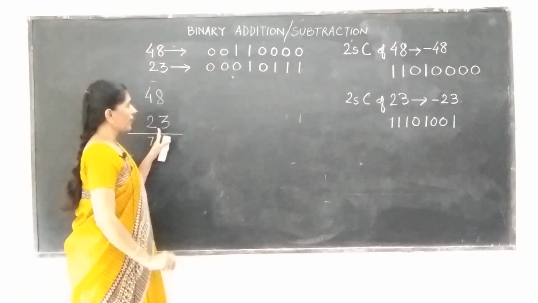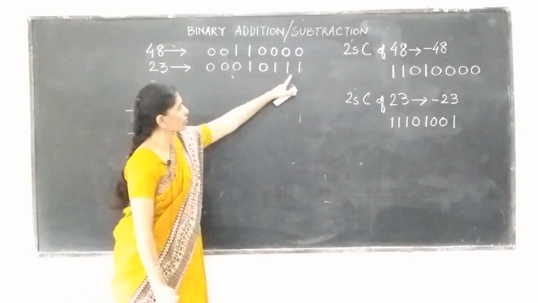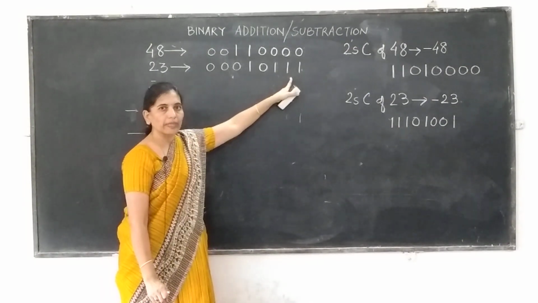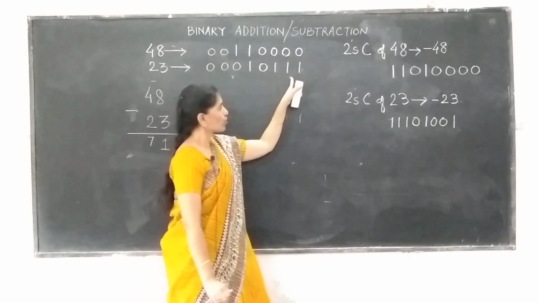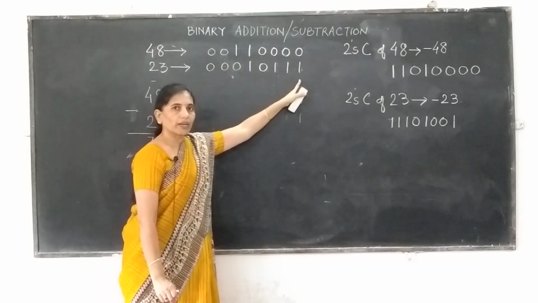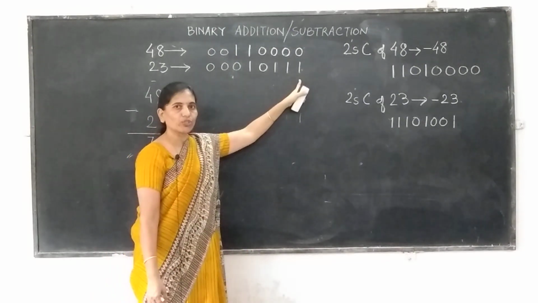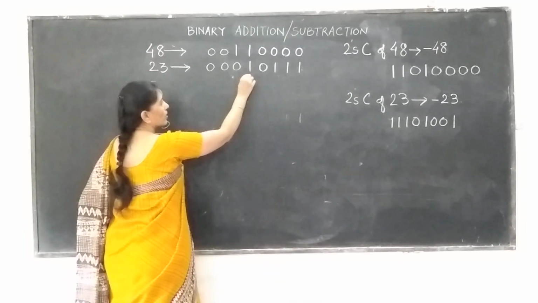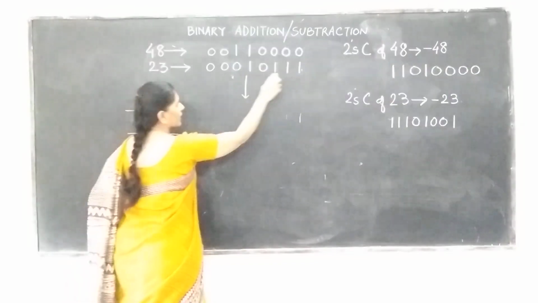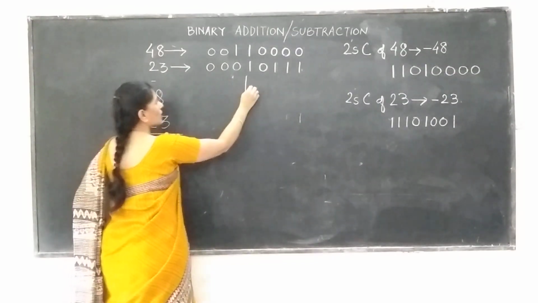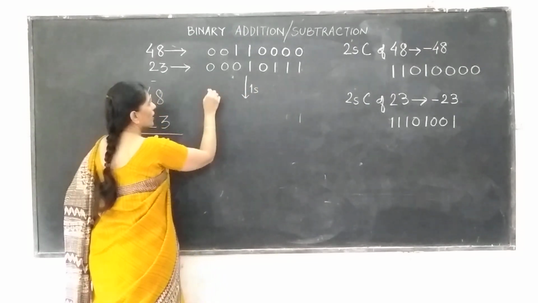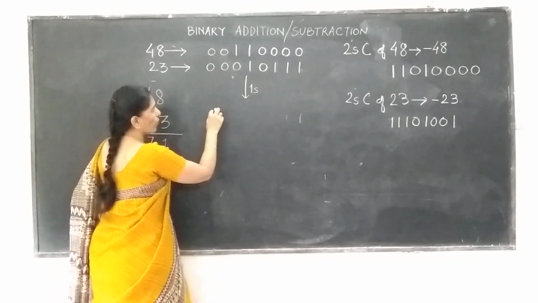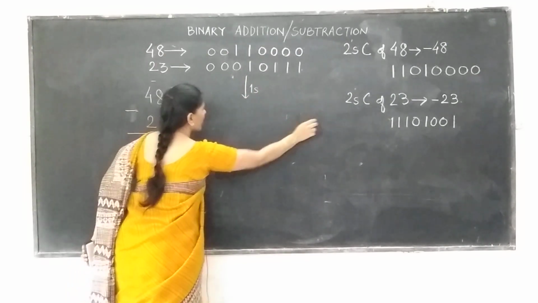So 23 can be written in this binary representation, and its 2's complement would represent minus 23. So to obtain the negative representation of 23, that is minus 23, we take the 1's complement of the binary representation, and the 1's complement of this is converting every bit from a 0 to a 1 and a 1 to a 0, complementing every bit.